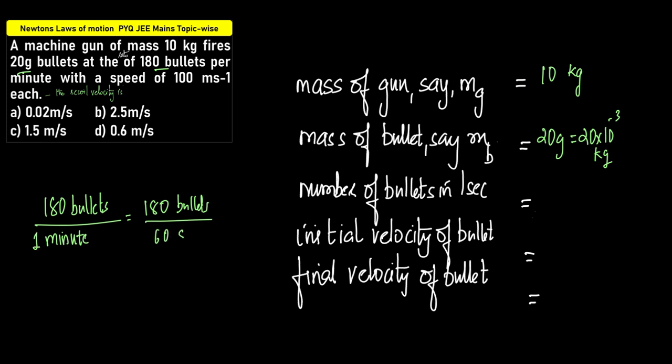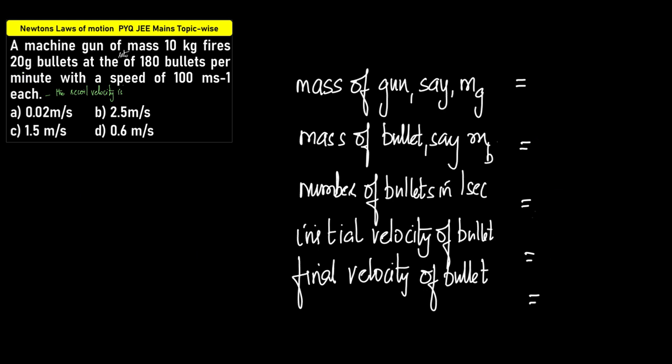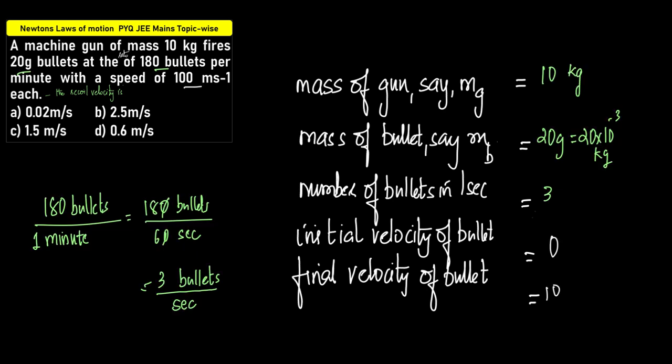So 1 minute is 60 seconds, which gives us 3 bullets per second. So number of bullets in 1 second is equal to 3. Initial velocity of bullet is 0 and final velocity of bullet is given to us as 100 meter per second.